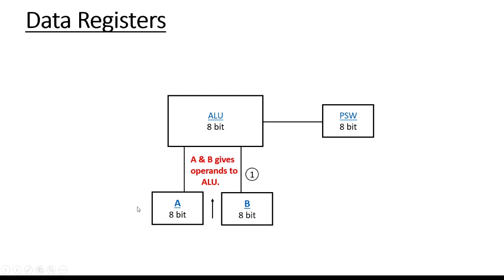Usually instead of B, other registers are used, like R0 to R7 in the register bank. Along with A, in most cases those registers or memory are used as the second operand, but in some cases A and B are used as the operands given to the ALU.